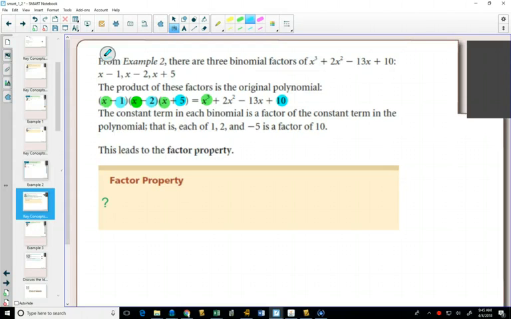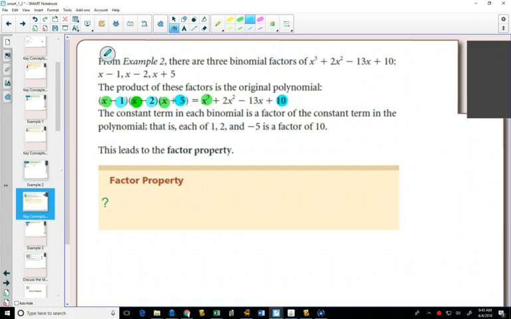Now there's a whole bunch of other things that have to get multiplied, and those will result in the 2x squared and the minus 13x. But a key important thing to notice is sort of the same idea as FOIL. Your first terms multiply to get your first value. Your last terms will multiply to get your last value.